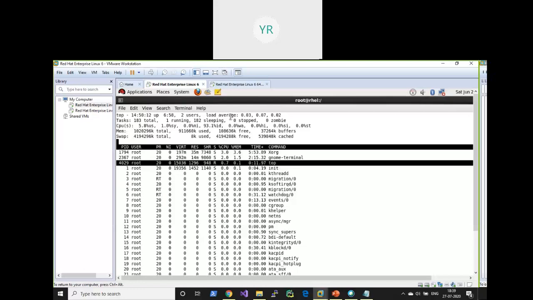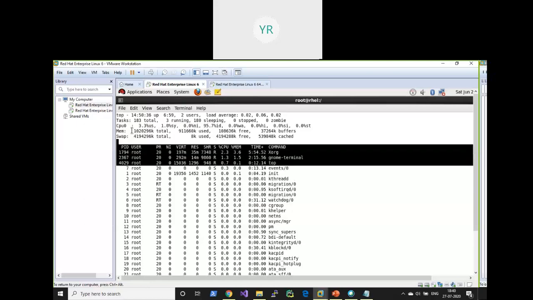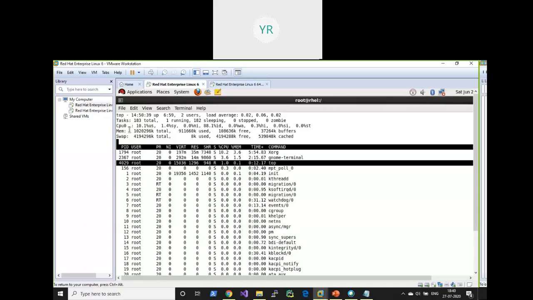By observing load average you can find that. If you have multiple CPUs and want to see individual CPU information, press 1. Look here, I have only one CPU, so it gives CPU 0. If you have 4 CPUs, it will give CPU 0, CPU 1, CPU 2, CPU 3, everything like this, with information for each individual CPU.